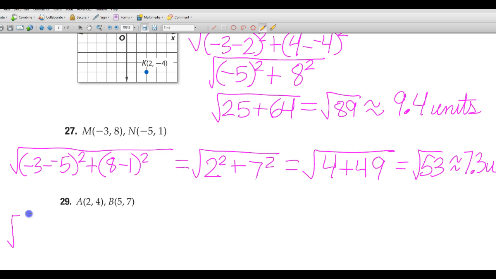29. So you might want to get in a habit of always setting the problem up like this, because it's always going to look like this. And then you just have to plug in your x's over here and your y's over there. So my x's are 5 and 2, and my y's are 4 and 7.